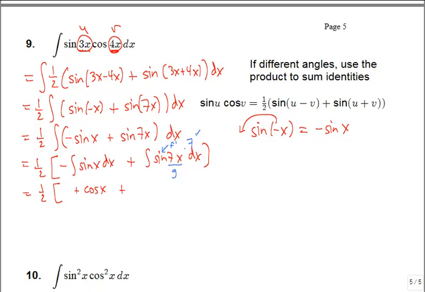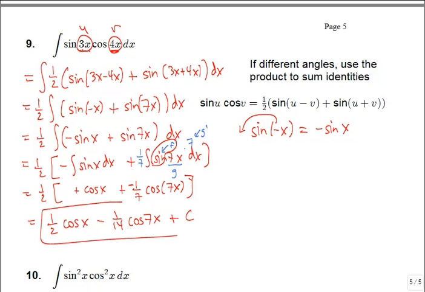So we're missing a 7 to have the right g prime. I have to counterbalance by a 1/7. So this becomes 1/7 times the integral of sine is negative cosine of that same 7x that we started with. So just distributing my 1/2 across, we get 1/2 cosine x minus 1/14 cosine of 7x, and then we have our plus c on the side, and we're done.